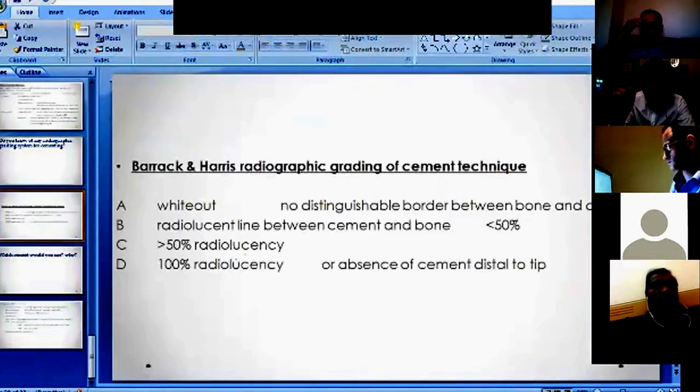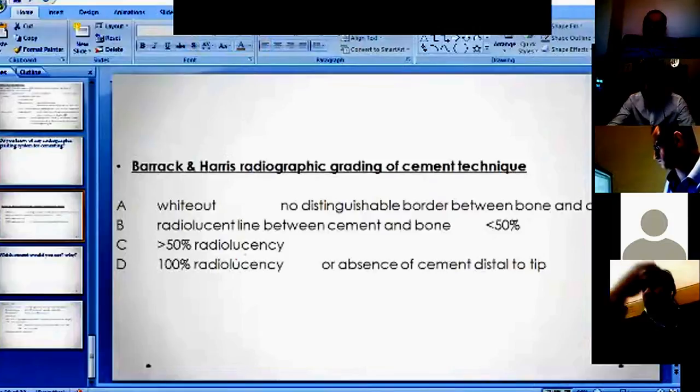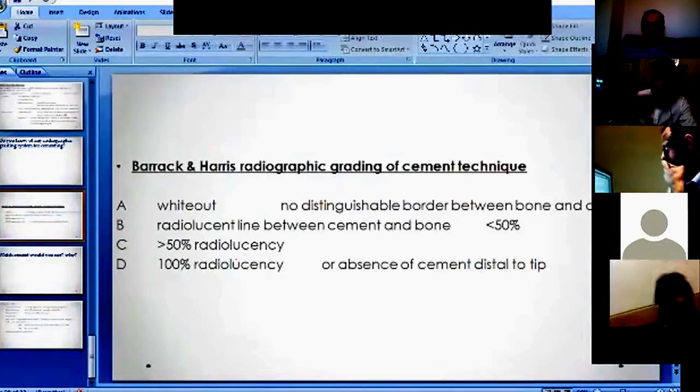It can be avoided during the eras as the cement generation increases from 1st generation to 4th generation. So first generation was hand mixing, finger packing. Second generation was medullary plug, canal preparation, cement gun.